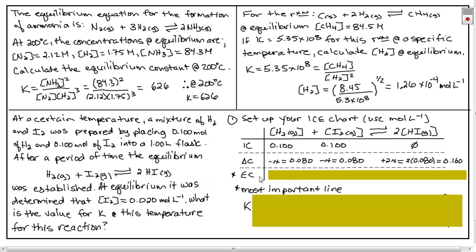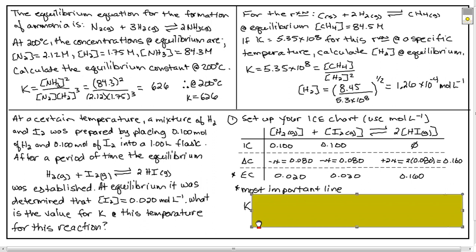So the most important line, my equilibrium concentration line, will then be as follows. My final concentration of hydrogen gas and iodine gas is 0.02 moles per liter. My final concentration of hydrogen iodide gas is 0.16 moles per liter.